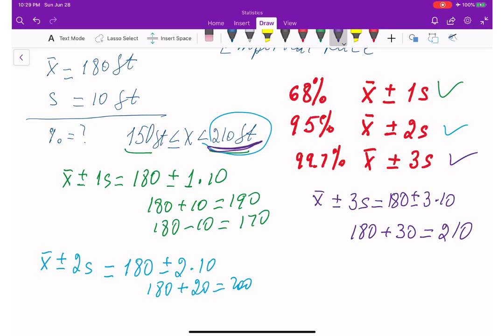Looks like we hit the upper level, 210. And now 180 minus 30 is equal to 150.